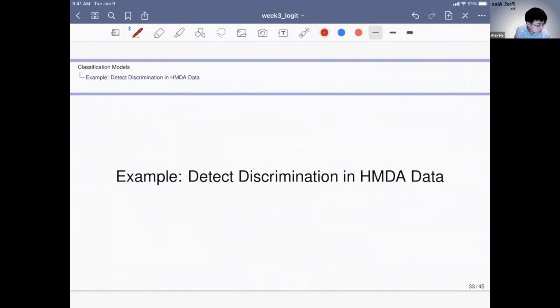Okay, so before I let you go, let's just do 2 quick poll questions. The first question is about how you interpret the coefficient from the Logit.